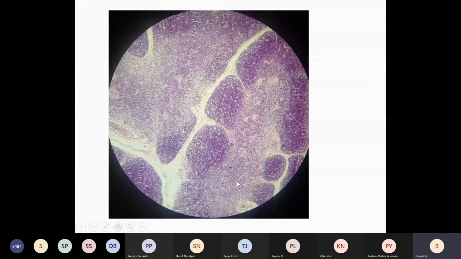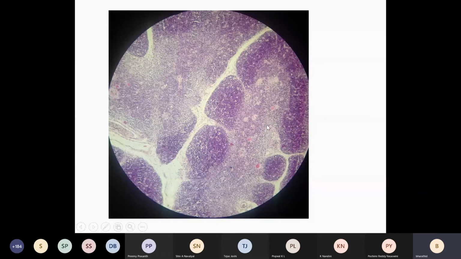Now, within this medulla, you can see these pinkish structures. This is a characteristic feature of thymus, which is called Hassall's corpuscles. Where my cursor is showing now, that is Hassall's corpuscles. Hassall's corpuscles are small rounded structures present in the medulla of the thymus, and they are pink stained.